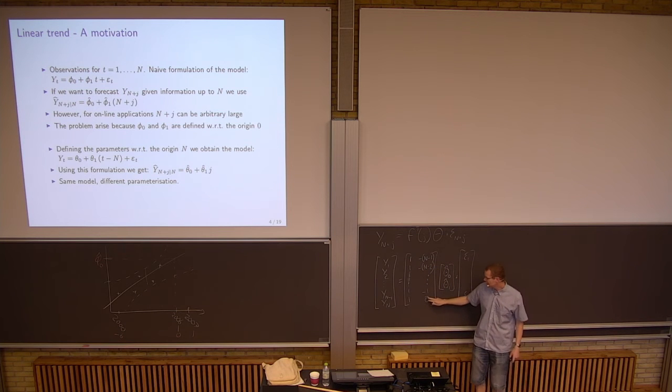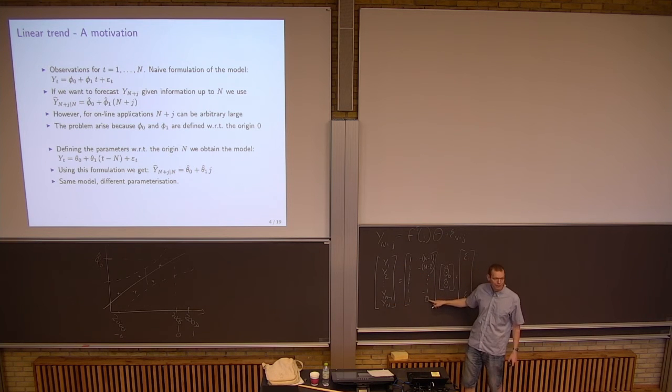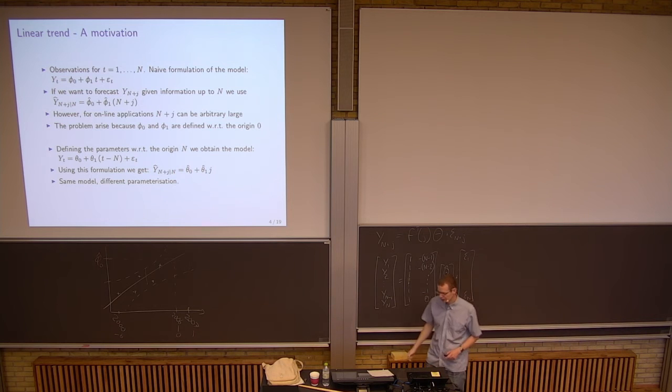Just because I have 0 here, where I start with time 1 over here, so I have n observations, and to go n backwards, I'm at n minus 1. So that's the definition that we will be using.